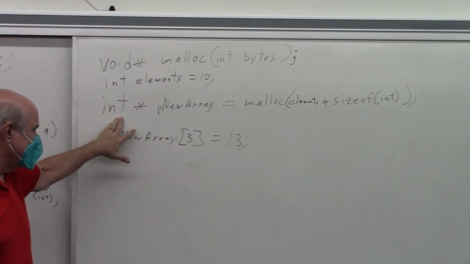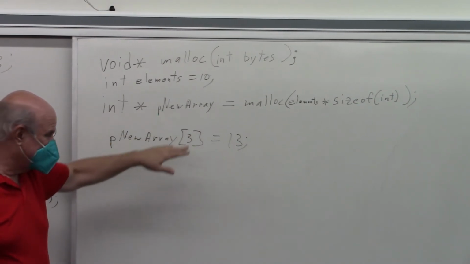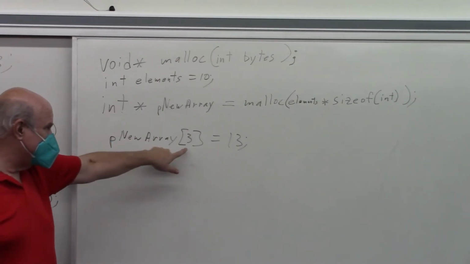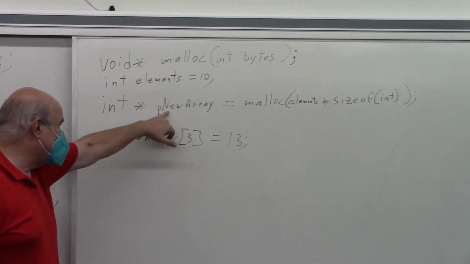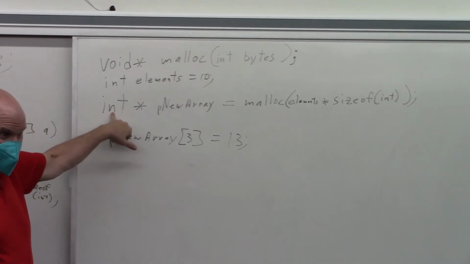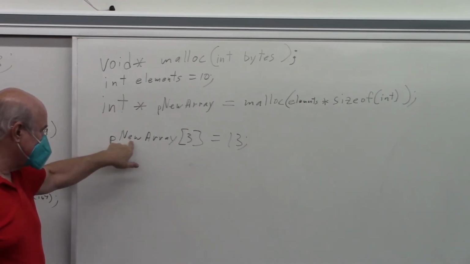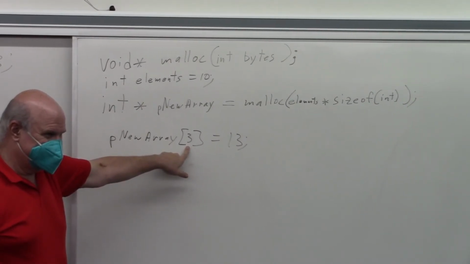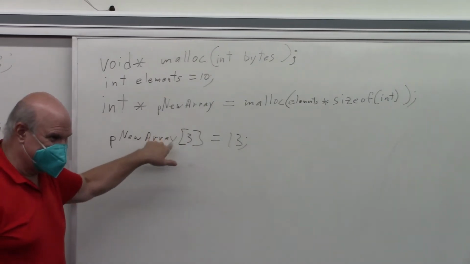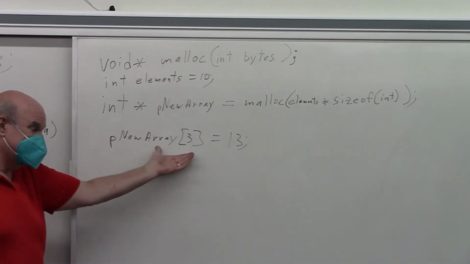Okay. So this is a pointer to a chunk of memory. I can take that chunk of memory and index it in the C language, because the compiler knows it's an integer array. It's to be treated as an integer array. So the compiler knows that when it's indexing with 3, it goes to byte 12 by multiplying it times 4 inside. In other words, when it generates the code, this isn't the code that gets generated.